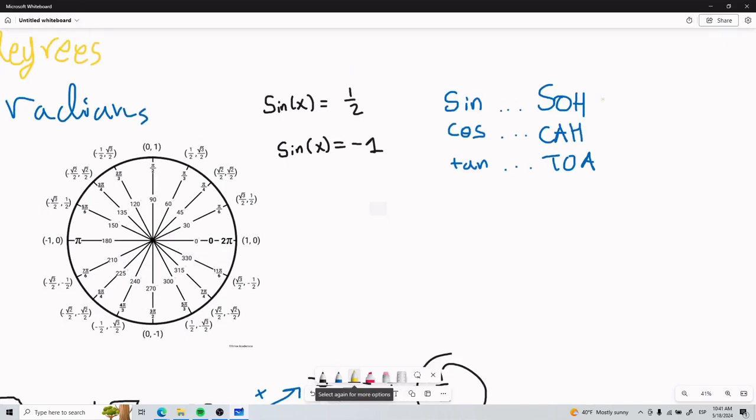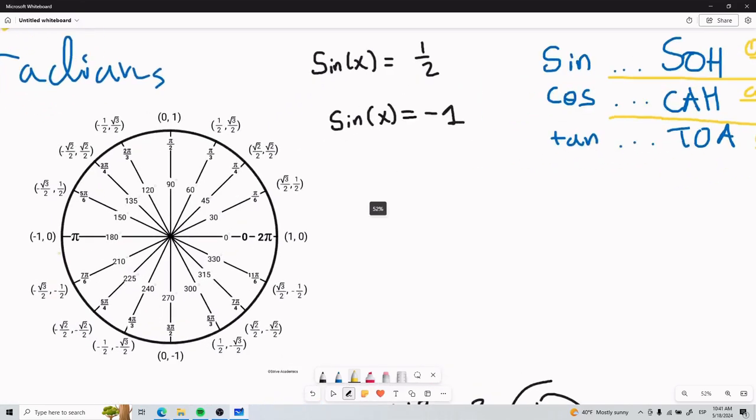SOH is opposite over hypotenuse. CAH is adjacent over hypotenuse. And TOA is opposite over adjacent. And so you can use this knowledge here to figure out your answers. I know right now it might seem very weird what is happening, but I assure you it's gonna click in a moment.